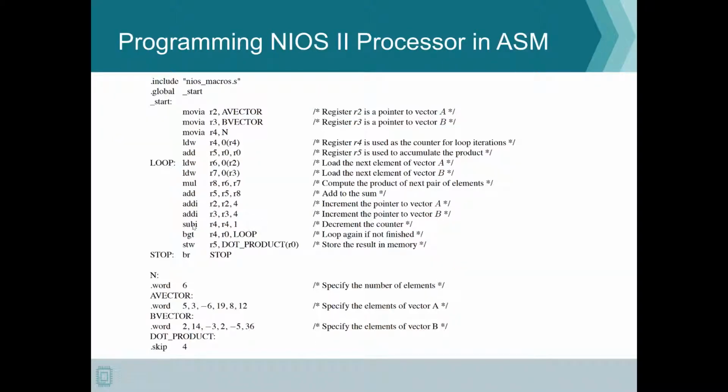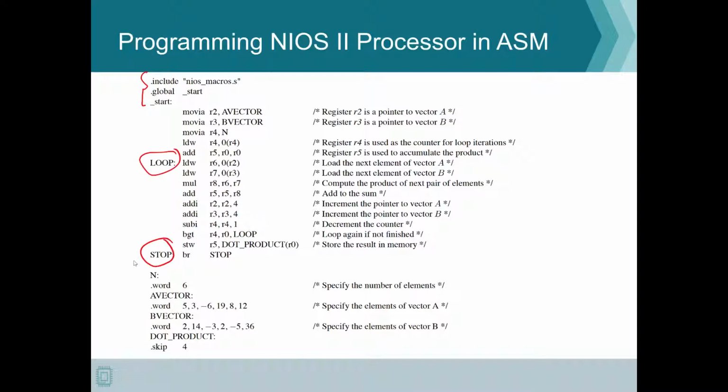There are 2 ways in which you can program the Nios II processor. Number 1 is by assembly. Here you can see an example assembly code that is given. The instructions are a little bit different here. These things are called assembler directives.